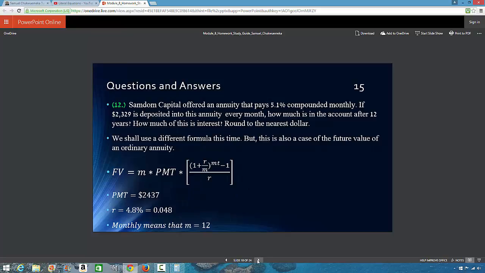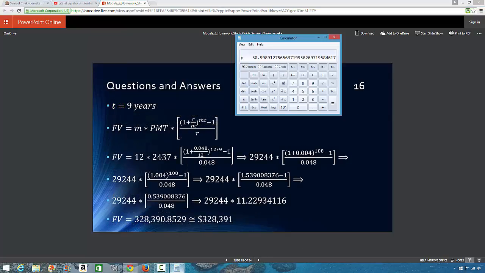So let's go ahead and do this on the calculator. I clear the memory. Because my denominator is just one value, I leave it. I do the numerator because that requires more computations. So I have 0.048 divided by 12 equal to, then plus 1 equal to, because this is all in parentheses, I have to finish the parentheses first.